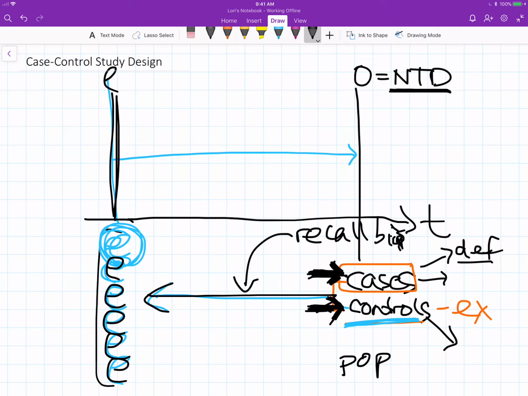Bias, if you can read my handwriting there. So if you recall, when we talked about random error and other ways of evaluating an association, we had random error, which is chance, systematic error, which is bias, reverse cause and effect, and confounding, and then we get to our causation.